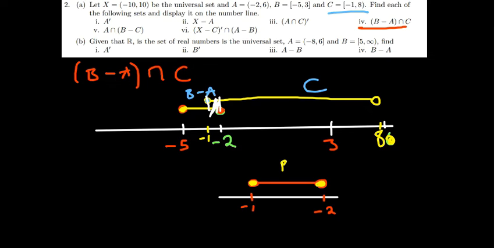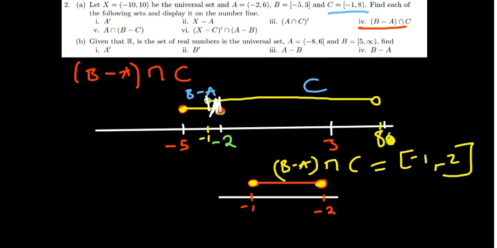That is our B. That is our B minus A intersection C. So presenting that would say -1 to -2. So that's it for question 4.